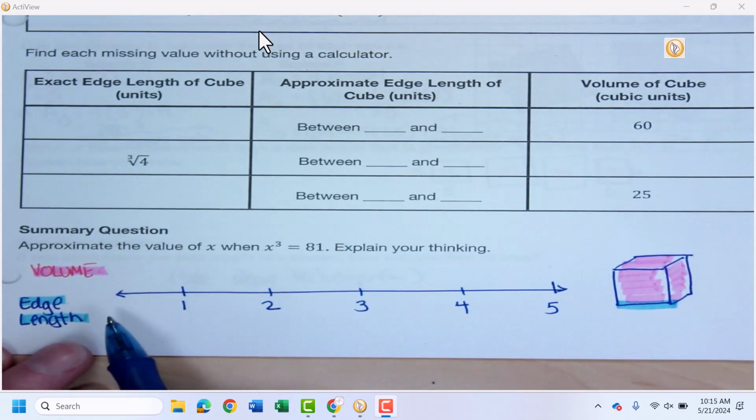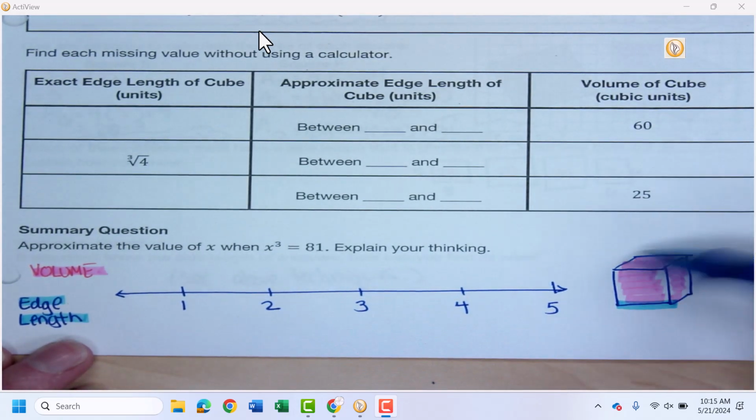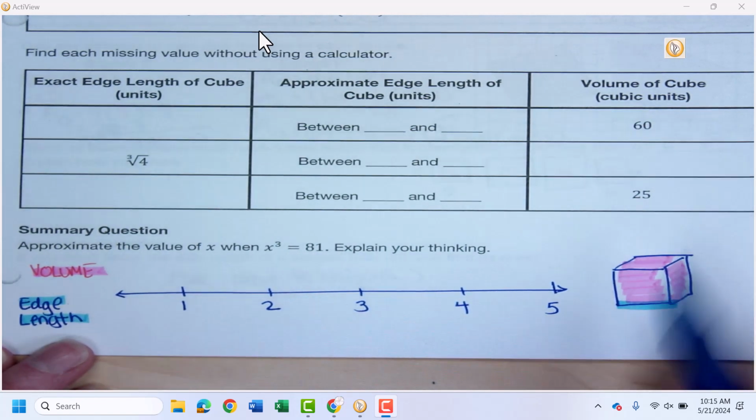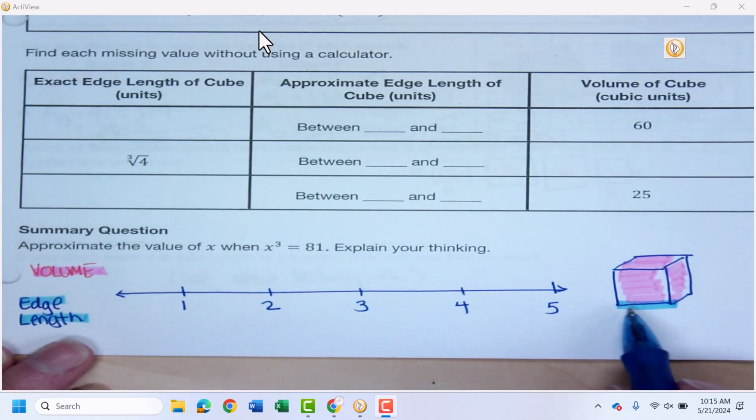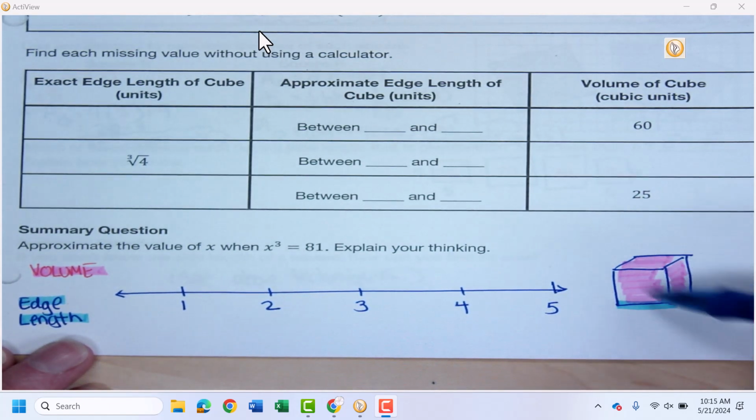I want to just fill out this information. And now we're talking about a cube and looking at the relationship between the length of the edge of the cube that I've highlighted here in blue and the volume of the cube, which is if we were to fill it up with water or sand or whatever, that's highlighted in pink there.